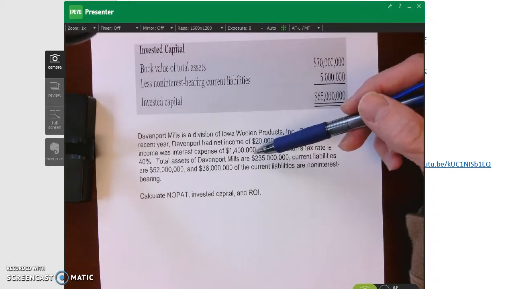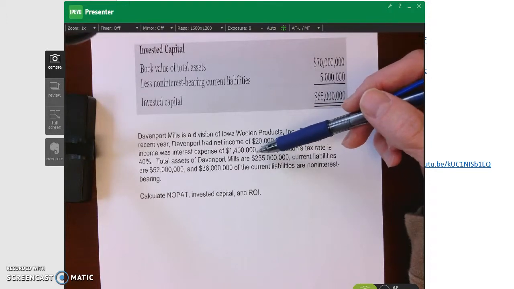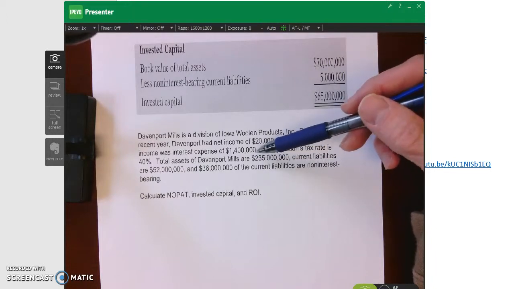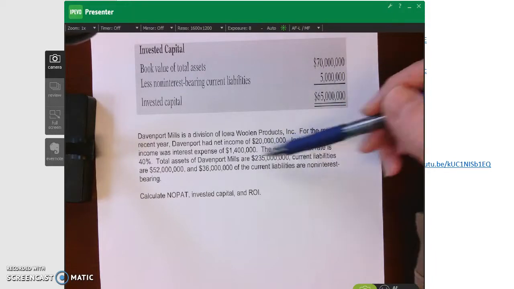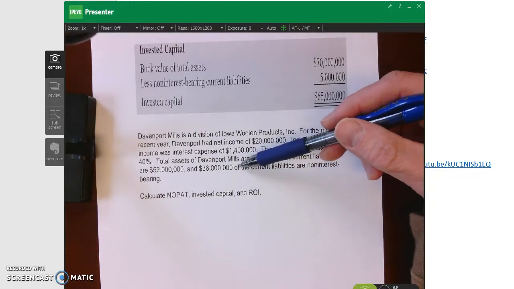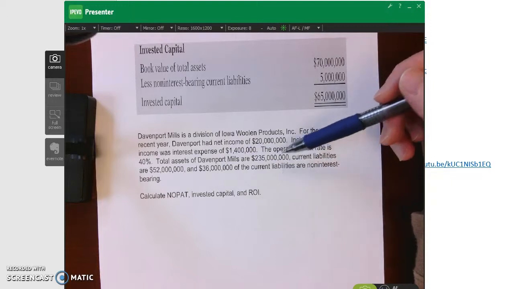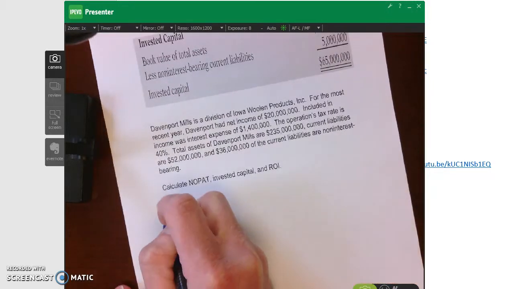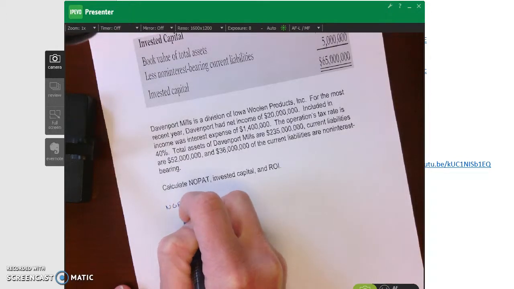Included in this income was interest expense of $1.4 million. The tax rate is 40%. The total assets are $235 million, current liabilities are $52 million, and 36 of those 52 are non-interest-bearing current liabilities. So let's calculate NOPAT, invested capital, and return on investment.